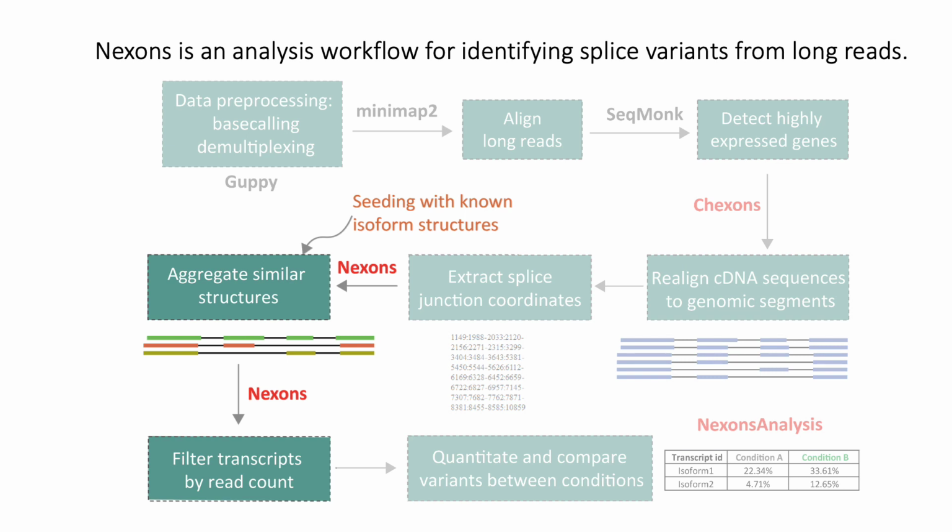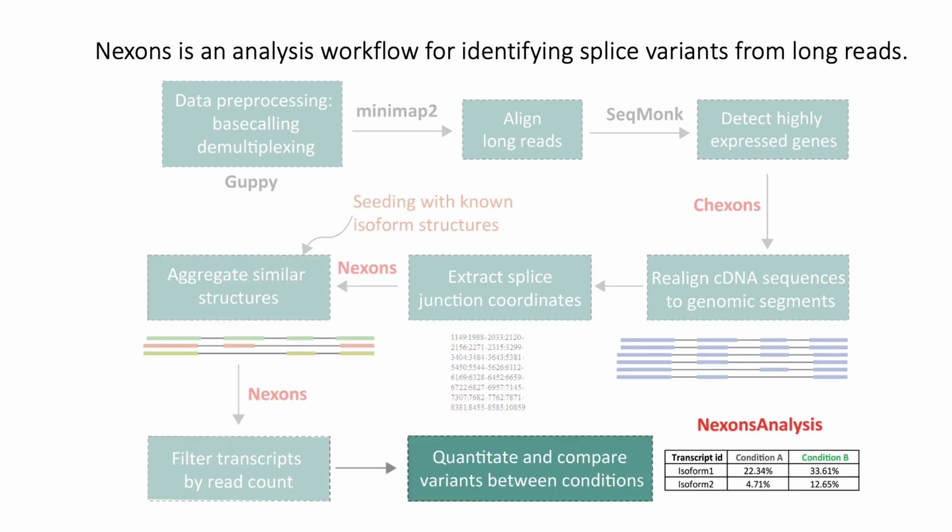Then we filter identified transcripts by their read counts. Next, we quantitate and compare these variants between conditions by using our R package Nexons analysis, which is another tool that we developed for further downstream analysis for differential isoform use.